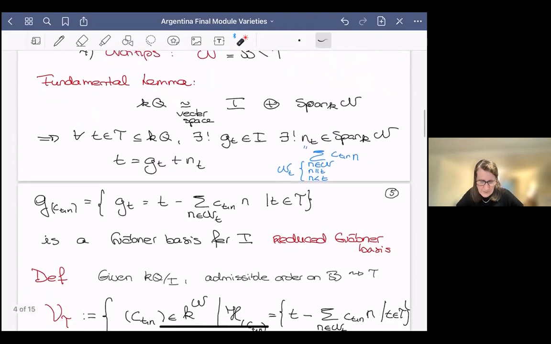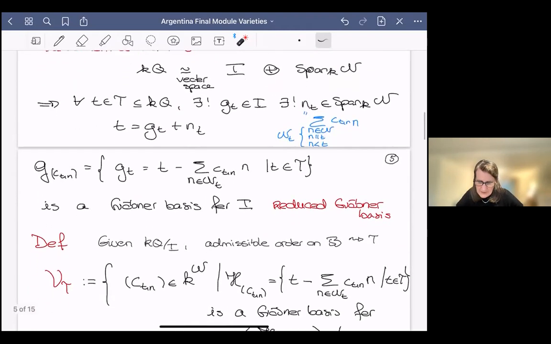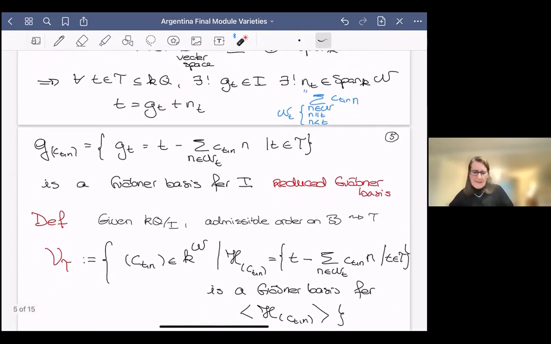Okay, so with this in mind, we can define a set. Remember, we start with our algebra KQ over I. We choose an admissible order on the set of paths in KQ. We have this generating set of the tip ideal of I. And then we can define the set V_T, which is given by a bunch of vectors of scalars.